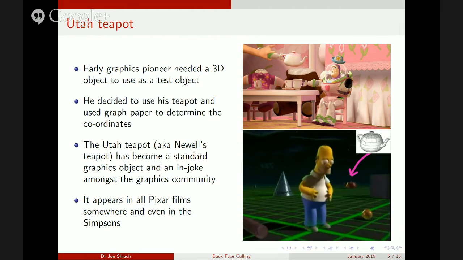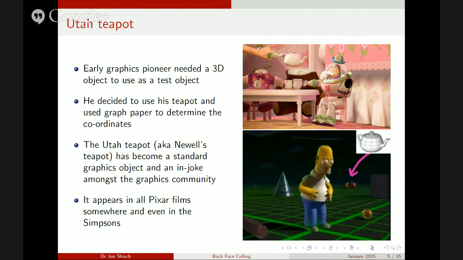He was developing a lot of the techniques that we're doing today, and he needed some object which was three-dimensional, multiply connected, to test all of his methods. His wife suggested, why don't you use this teapot? So he drew the teapot on some graph paper, worked out all the 3D points, and used that. It's become a bit of an in-joke in computer graphics.